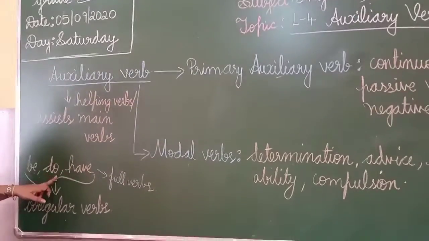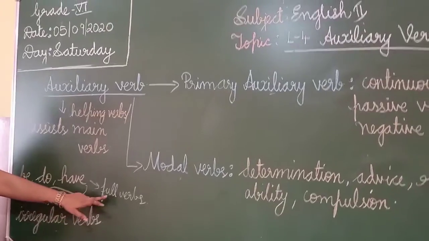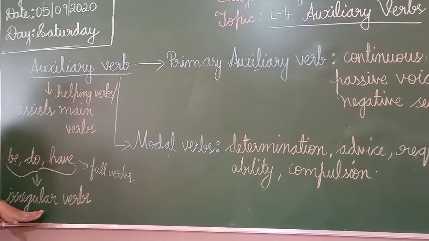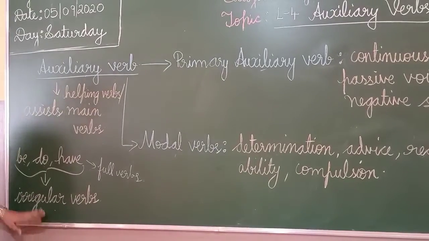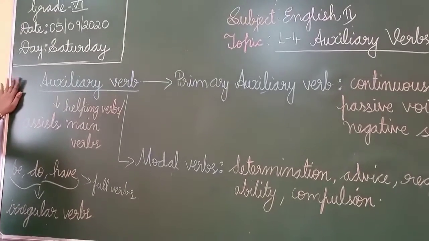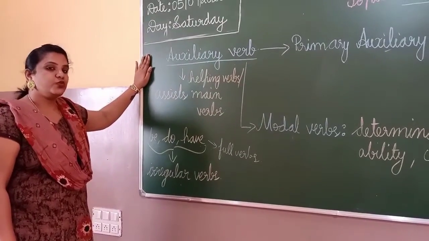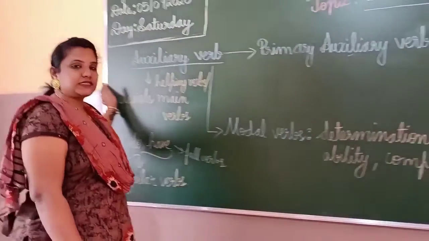These verbs, that is be, do and have, are called irregular verbs. And auxiliary verbs are nothing but helping verbs. They help the main verbs. They assist the main verbs.